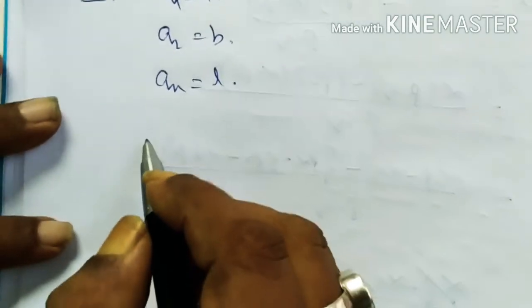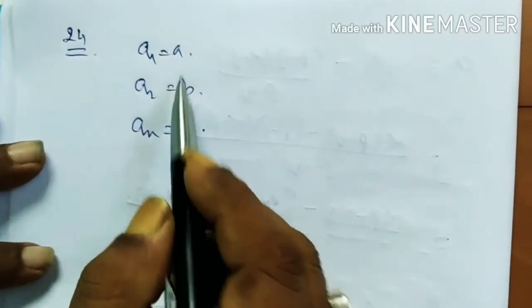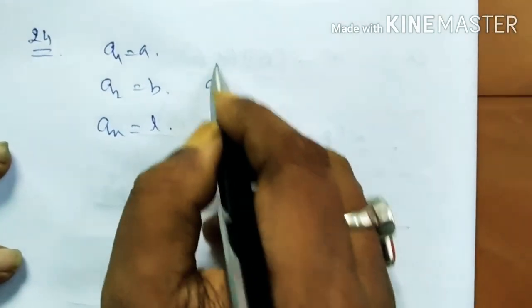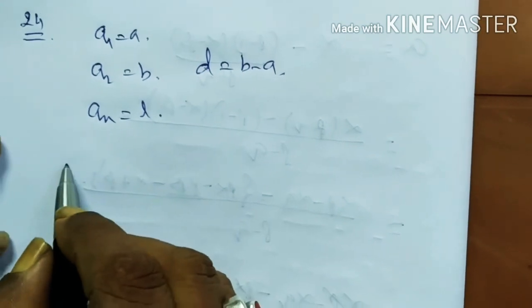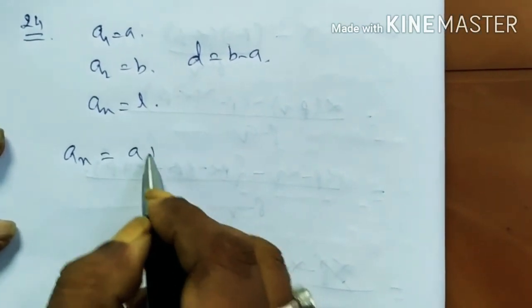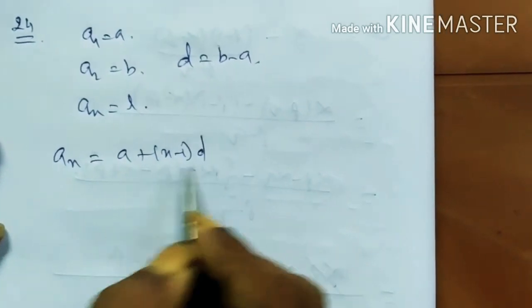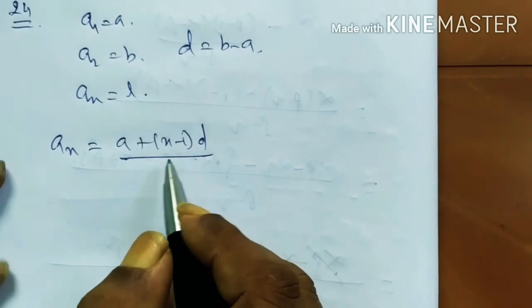Now, okay then, first term means A, second, that means your common difference is B minus A, second minus first. Now the nth term is A plus (n minus 1)D, this is your nth term formula.